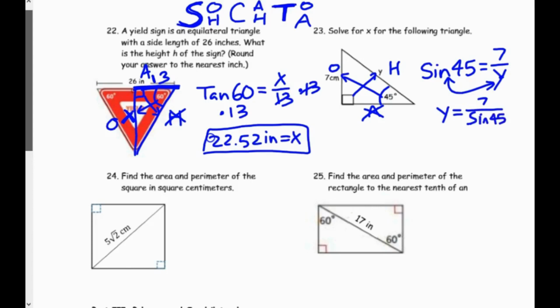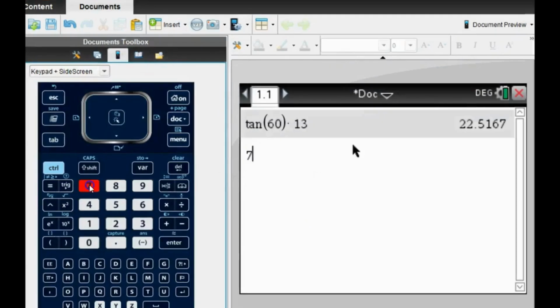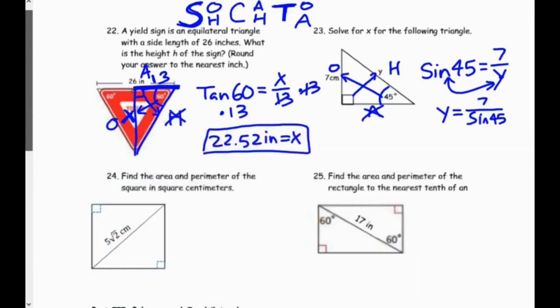So I'm going to type 7 divided by sine 45. 9.89, which is going to round up to 9.9. Very close to 10. And that's going to be in centimeters.